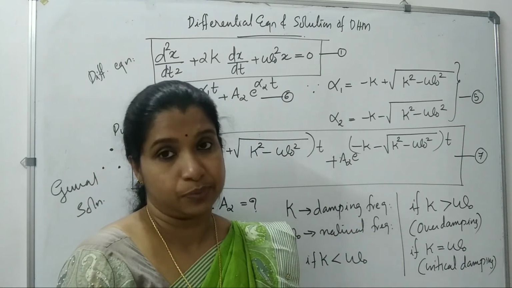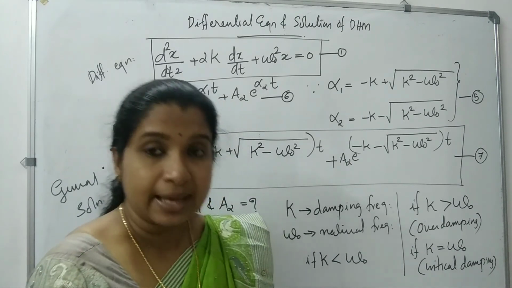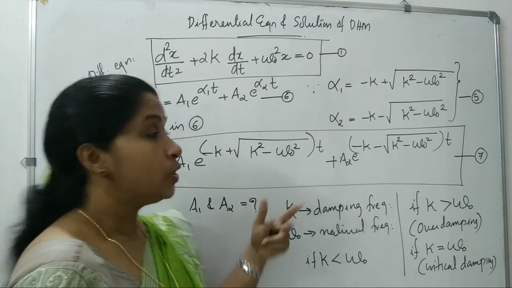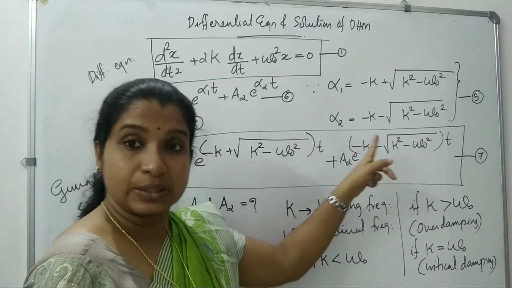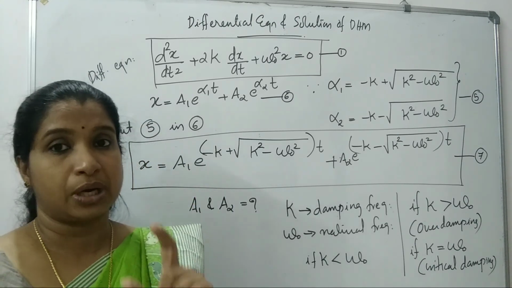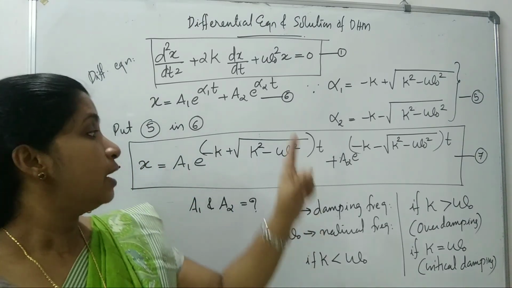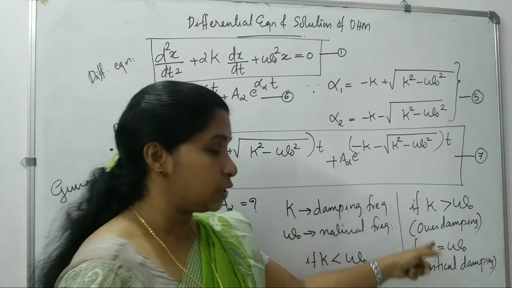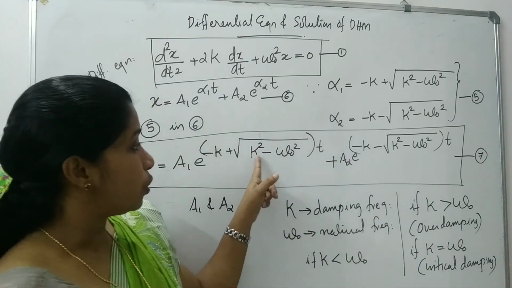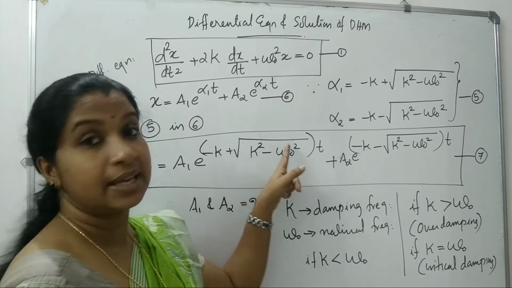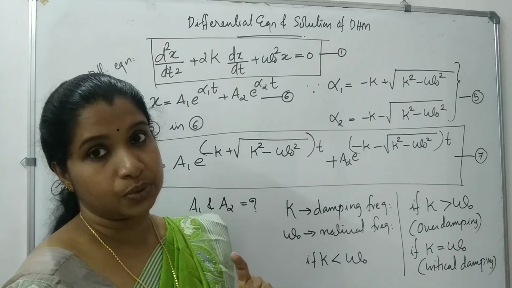So these are three types of motion. For these three cases, we have to find out the value of A1 and A2. So we consider this the general solution of damped harmonic motion. From the general solution of damped harmonic motion, we find out the value of these unknown constants for these three special cases based on the value of root of k square minus omega 0 square.